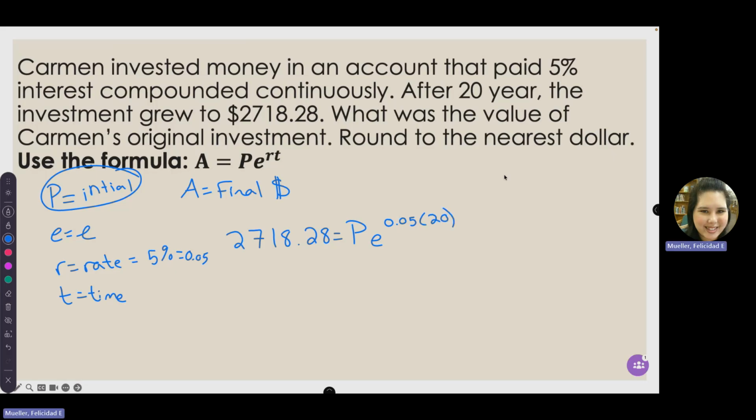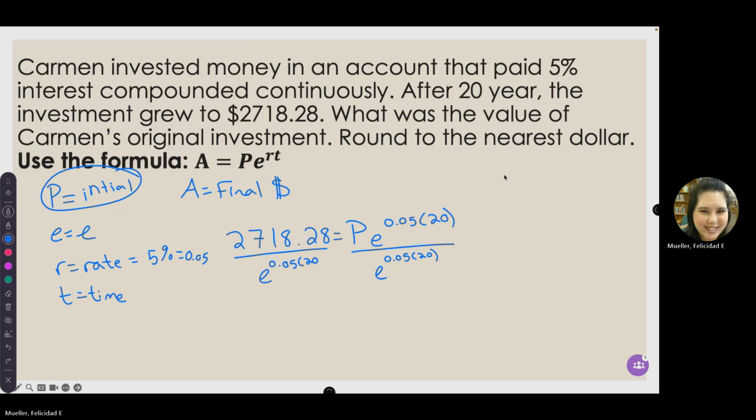So to solve for P, I'm just going to divide by E to the 0.05 times 20 on both sides. So remember this right here, this E to the exponent, that's just a number on its own. We just have it written in a different way.